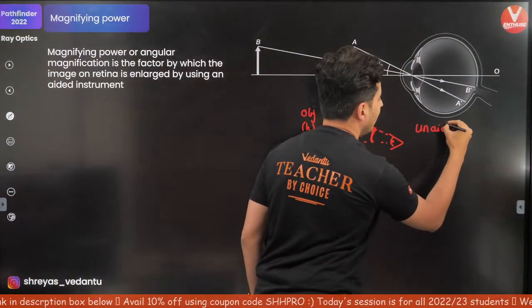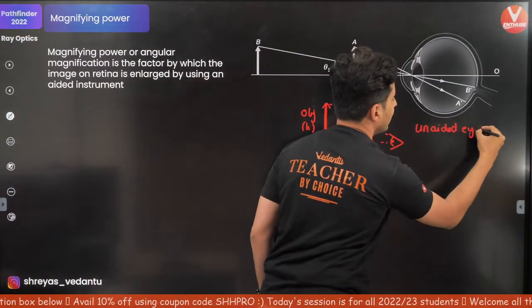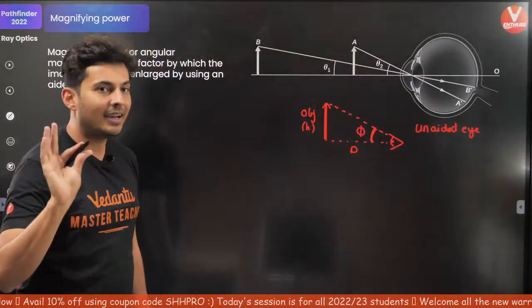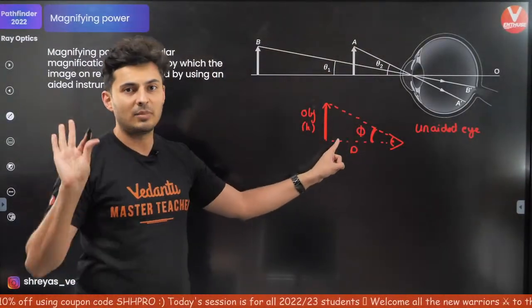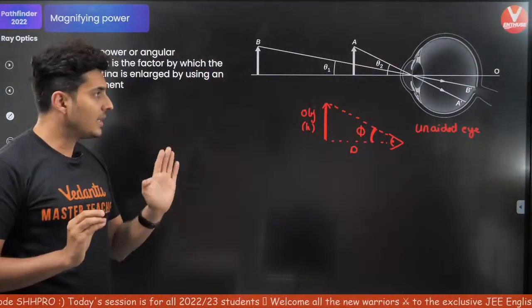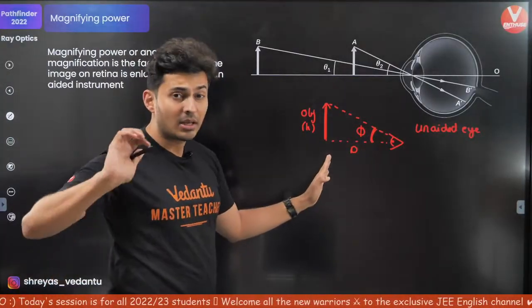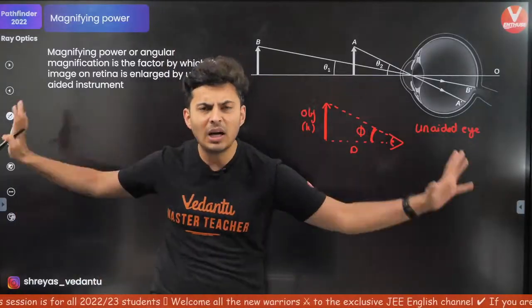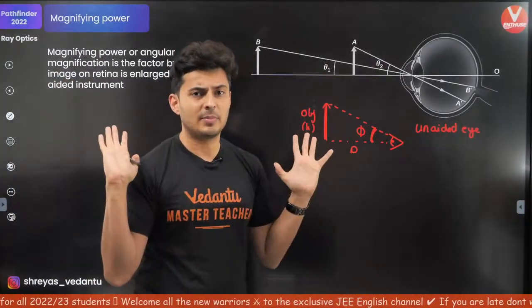This is the best angle you can get for an unaided eye. Everybody agrees with this? For an unaided eye, this is the best possible angle. This phi is the angle subtended by the object when you place it without any instrument as close as possible.